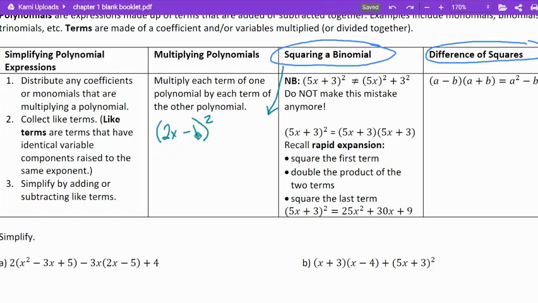So to show the shortcut, I need this in the middle. Square the first term, square the last term. So the first term, 2x all squared, is going to be 4x squared.